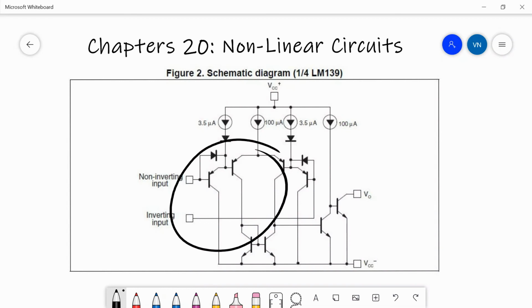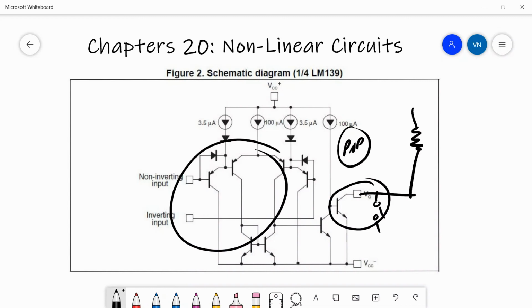But on the output side, you see that there's only one transistor on the output, and the transistor is a switch to ground. There is no upper transistor. There is no PNP transistor that can pull the output high. So this op-amp can only pull the output low. In order to get a high, what you need to do is connect this externally to a pull-up resistor and some other VCC.